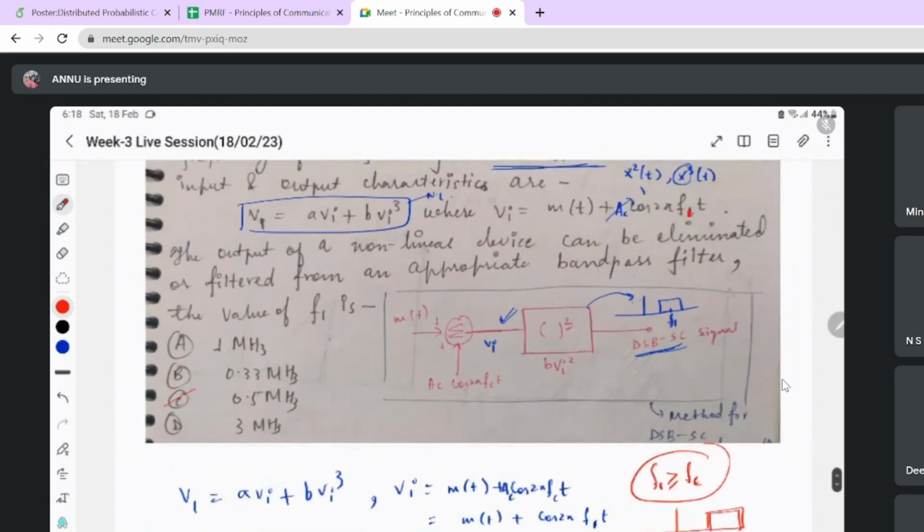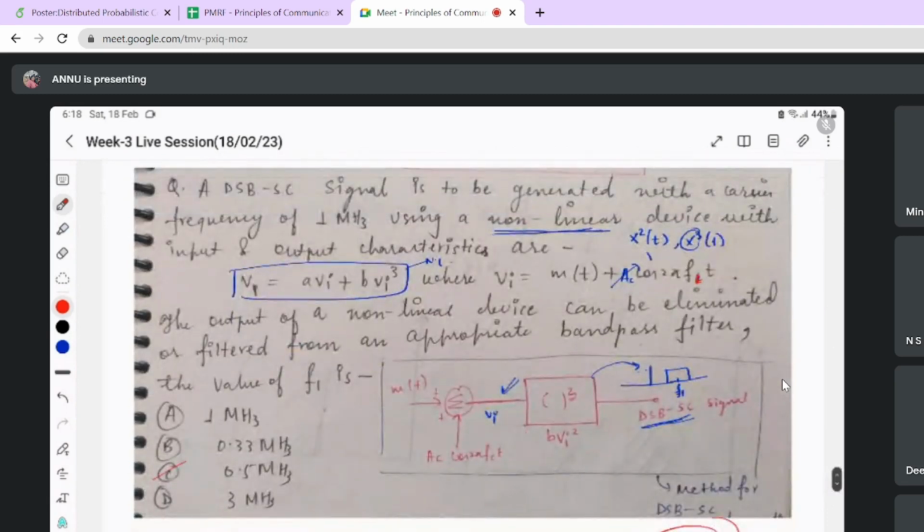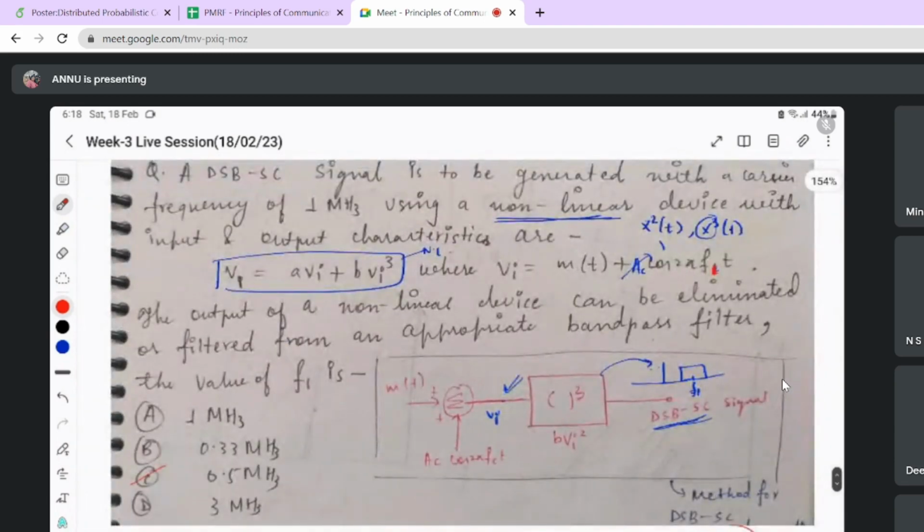So I will derive this basically, but firstly I should make you aware of the concepts of the DSBSC signal, because I don't know what the sir has taught in the class. This is one of the methods to get a DSBSC signal. Here, V1 is calculated as aVi plus bVi cube, and Vi is defined in the question itself.